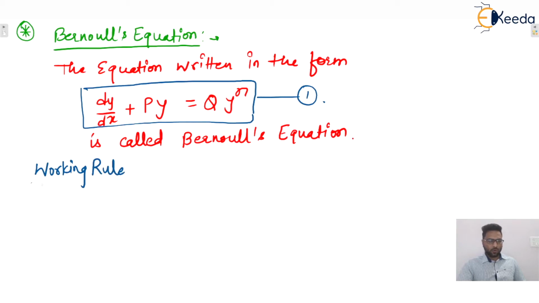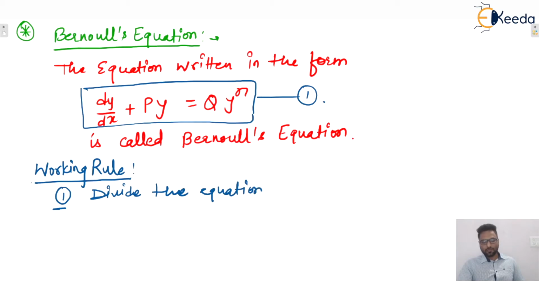In the working rule, first part: divide the equation by y raised to power n on both sides.